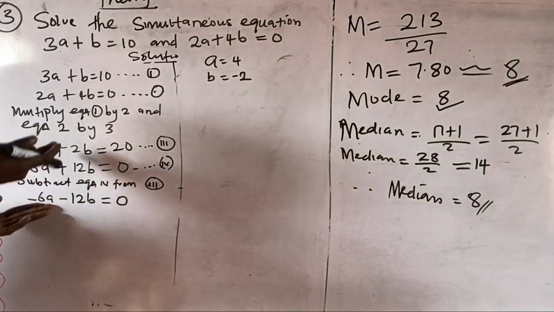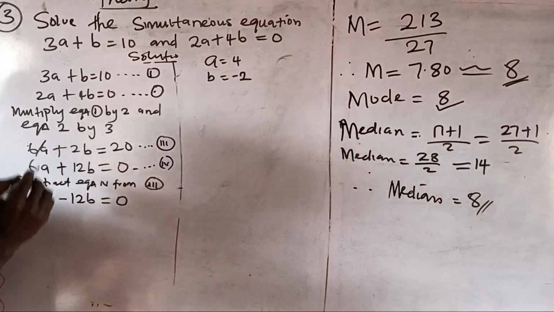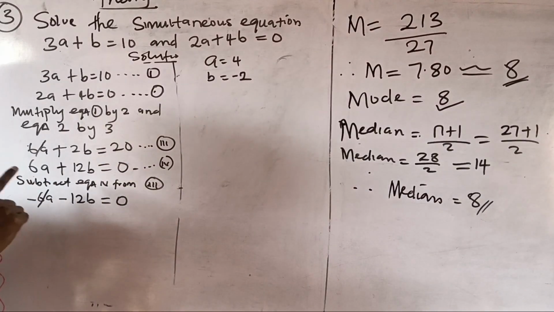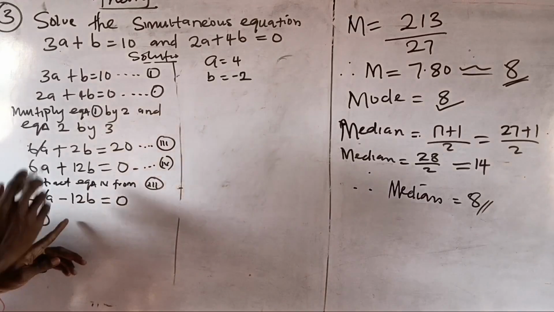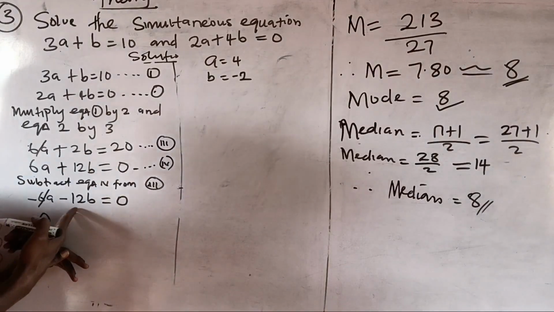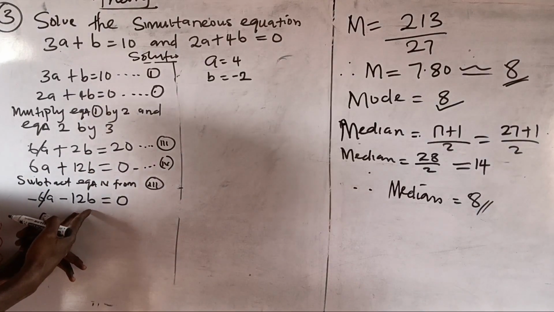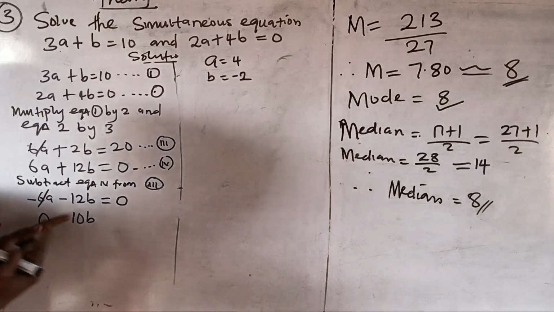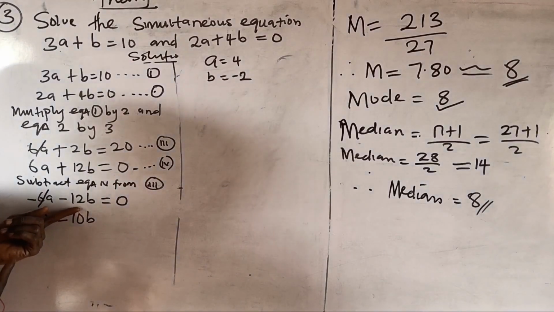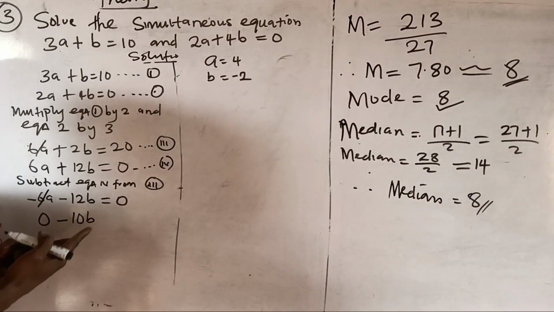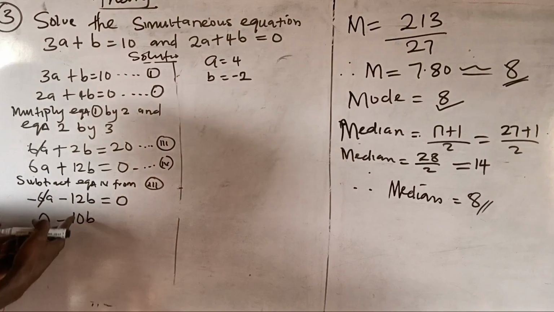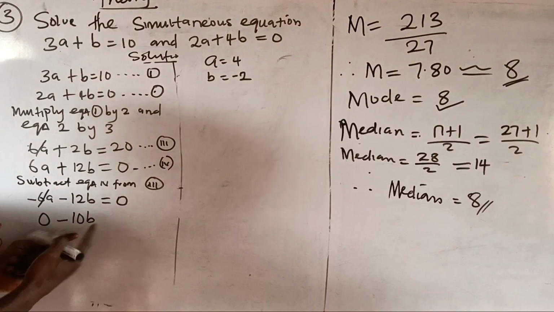Now I'm going to subtract this from this. So this 6a cancels this, because 6a minus 6a will give us 0, right? Plus 2b minus 12b will give us minus 10b, because you are owing 12b and you have 2b. When you pay the 2b, you will still be owing minus 10b.